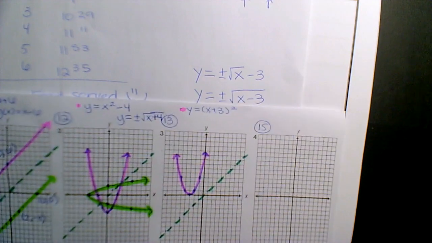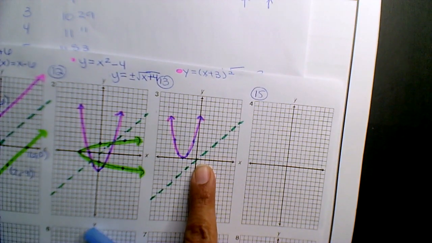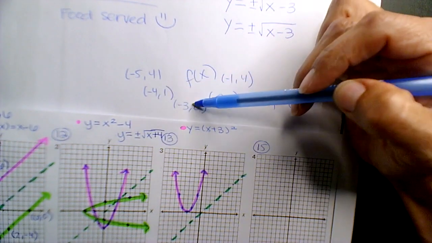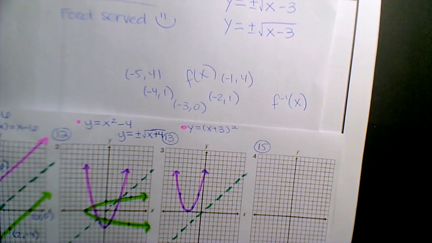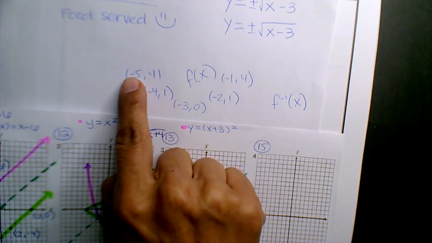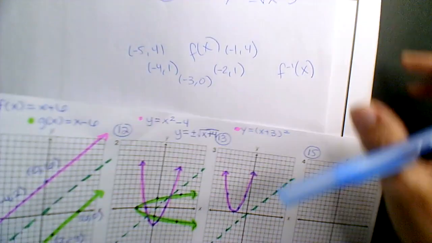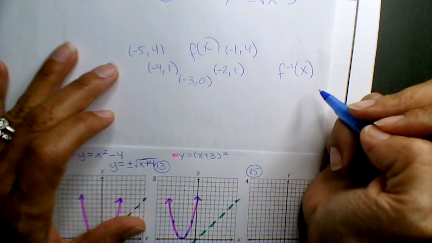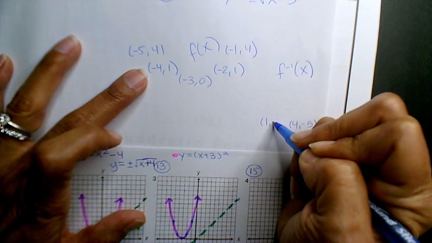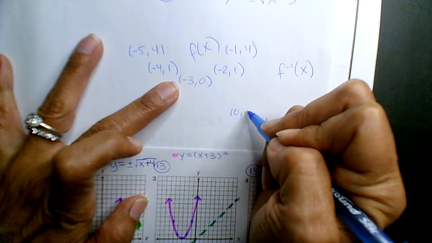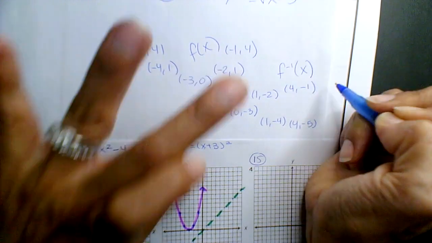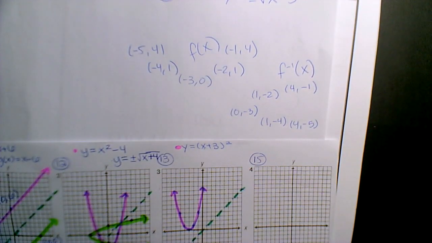If you have your points, which is what I wrote, -5, 4, -4, 1, -3, 0, you know from your other assignment that on an inverse function, x becomes y and y becomes x. So for my inverse function points, I have 4, -5, 1, -4, 0, -3, 1, -2, and 4, -1. x becomes y, and y becomes x.